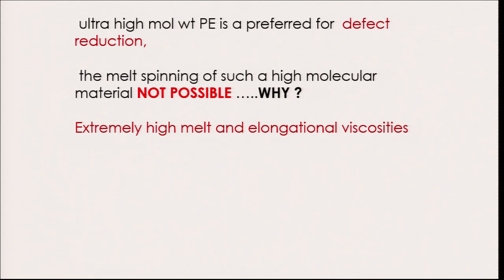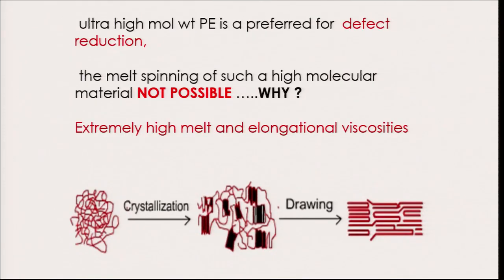Right. The main reason is it has extremely high melt and elongational viscosity. Very high melt and elongational viscosity is because of the large number of entanglements which are there because of the high molecular weight.